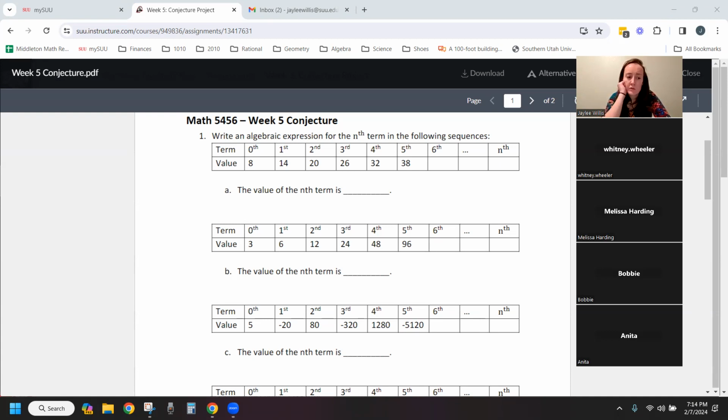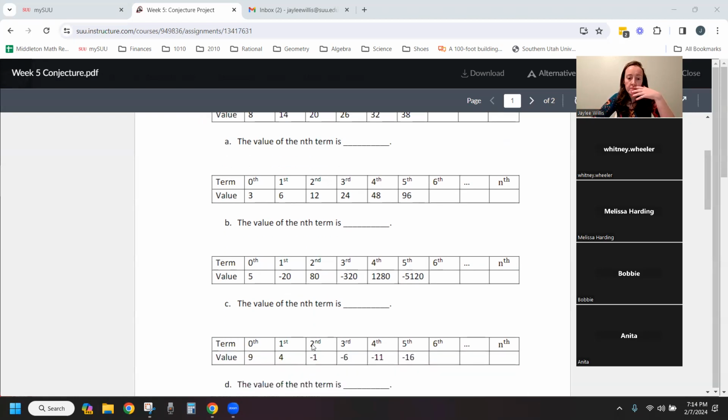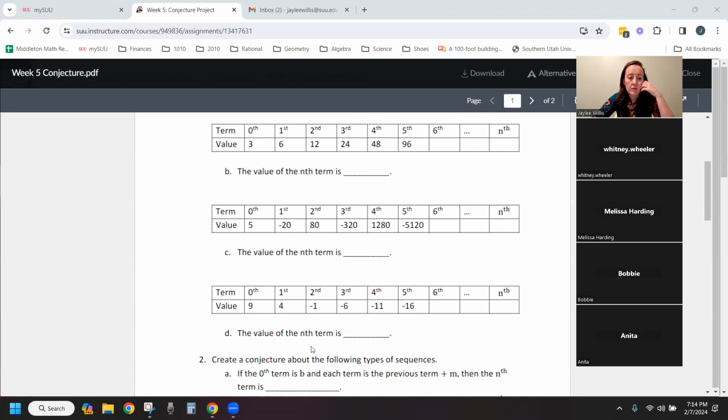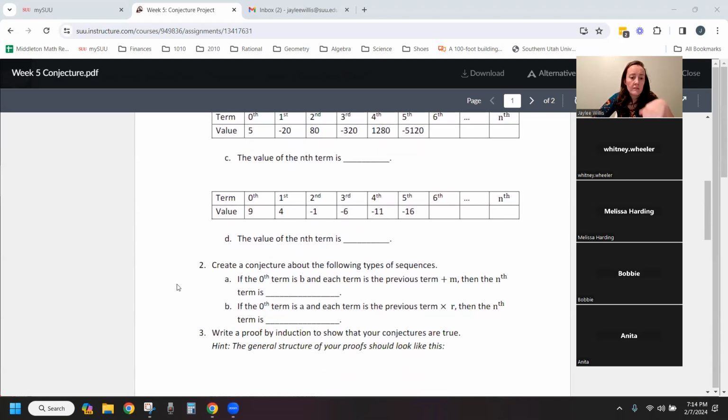So we have 3 times 2 to the n for that one. And then we had 5 times -4 to the n for the next one. Because again, the repeated multiplication creates an exponent, because that's how you denote repeated multiplication. And then for the last one, we had 9 minus 5n, I think. So those are the formulas that we found so far.